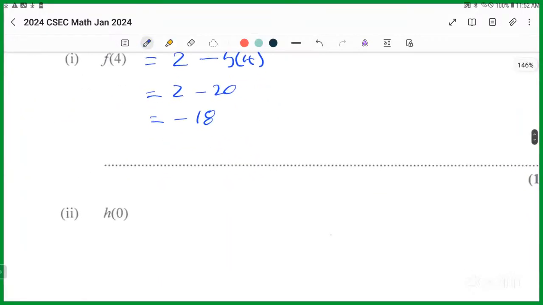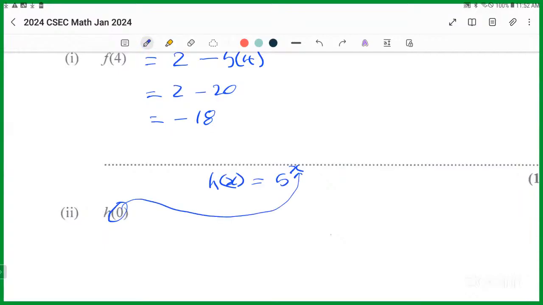Next part wants h of 0. Remember, h of x is 5 to the x. So h of 0 means that we'll put in 0 where the x is. So it becomes 5 to the 0. Now somebody did this and put 0 as the answer. No. Any number raised to the power 0 is 1.